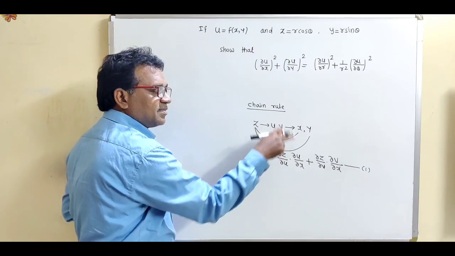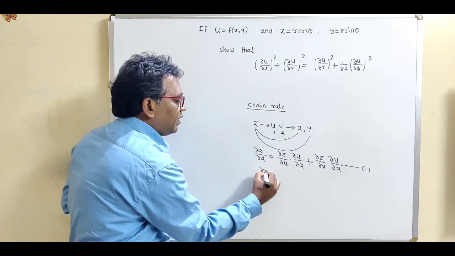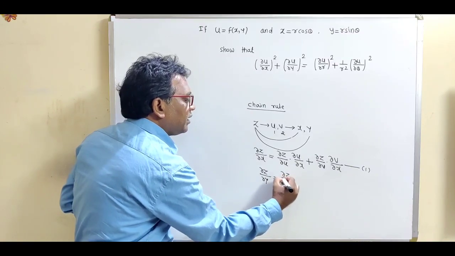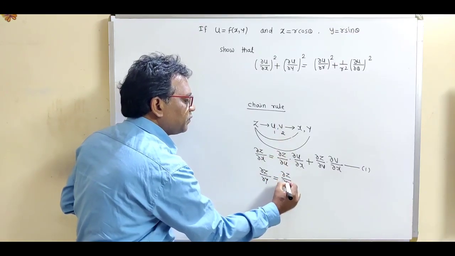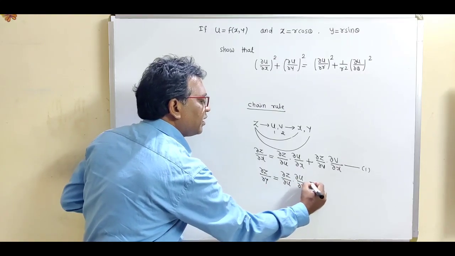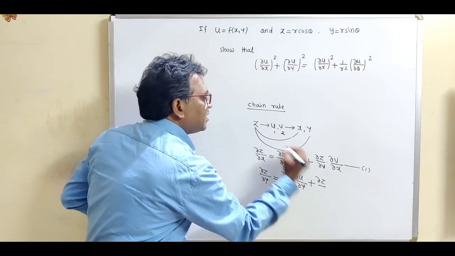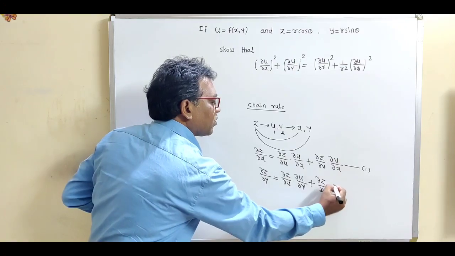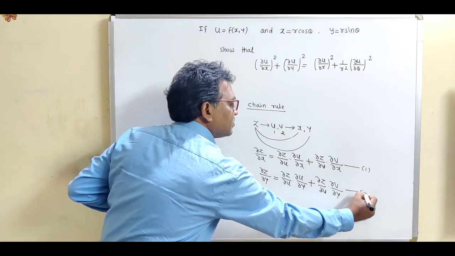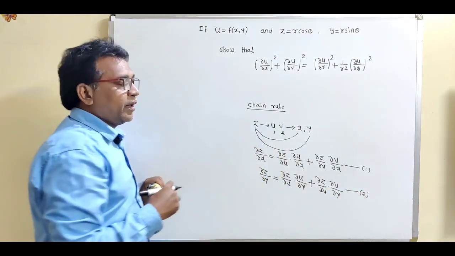Similarly, we can write the second rule, del z by del y, given by del z by first variable u cross del u divided by same term which is del y, plus del z by second variable v cross del v divided by same term which is del y. This is, suppose, equation number 2.